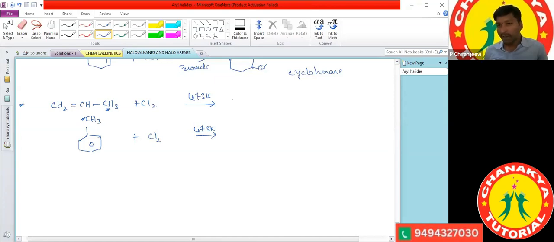If the one hydrogen atom is replaced by one chlorine atom, it forms CH2=CH-CH2Cl plus the byproduct HCl. This we can call 3-chloropropene. And let's see in the other one, chlorine is going to be attached to which one, either the methyl group or the benzene ring?